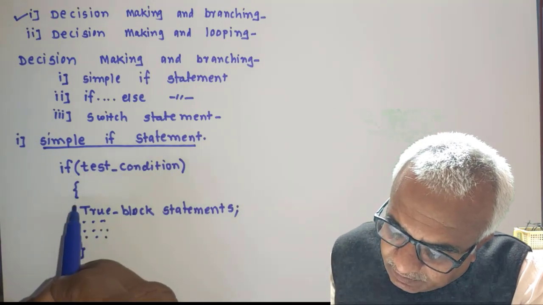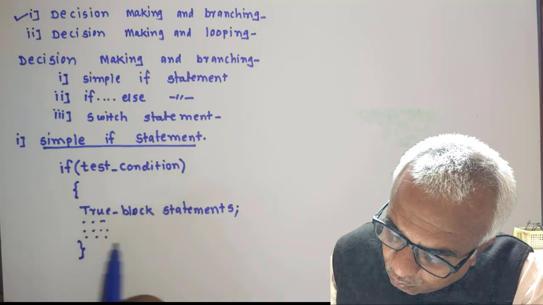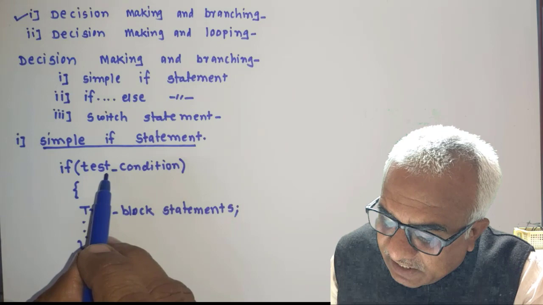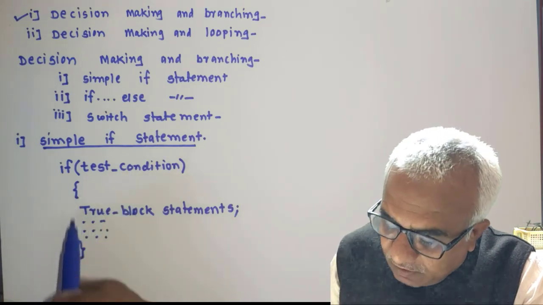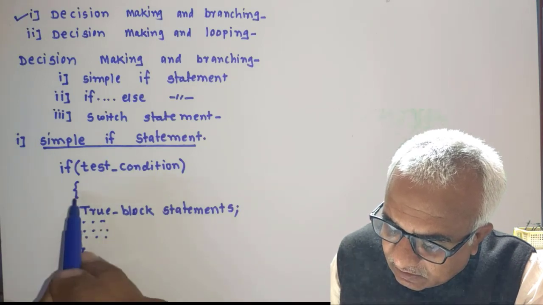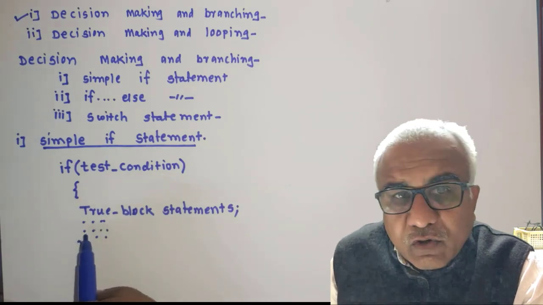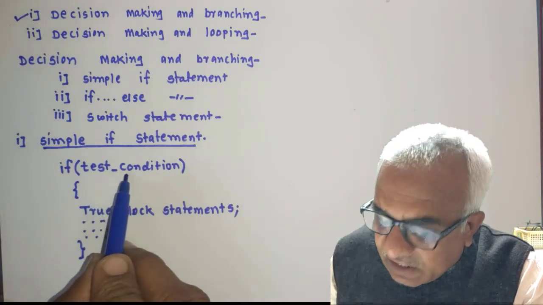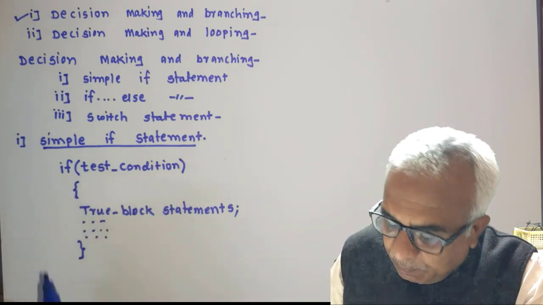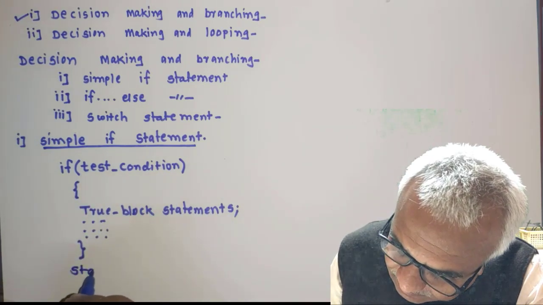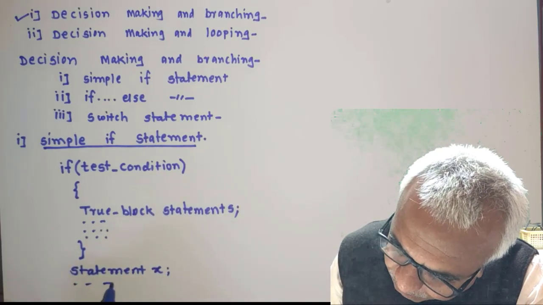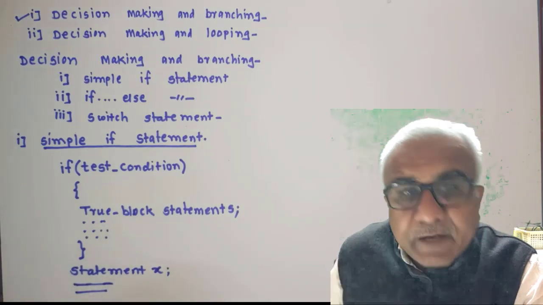So here in the simple if statement only the true block of statements is there. If this test condition is true, then and only then the statements enclosed in these braces are executed. And if this test condition is false, then this true block of statements is skipped and statement X and the next statements are executed.